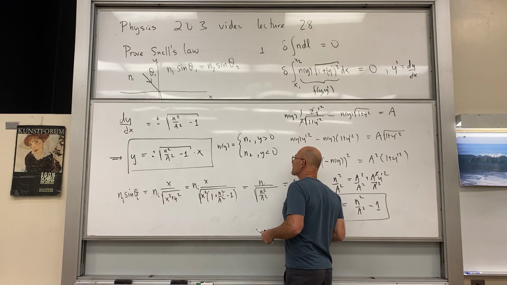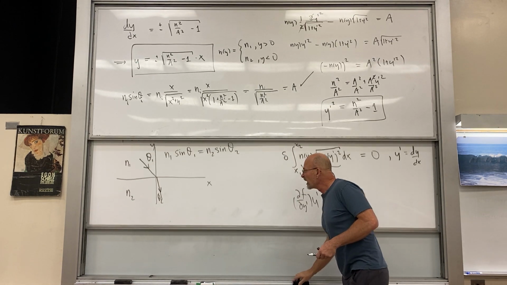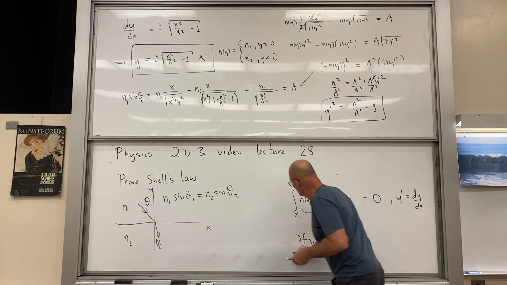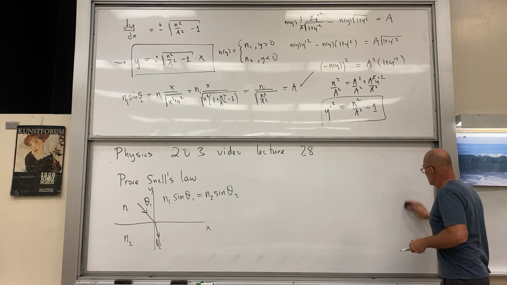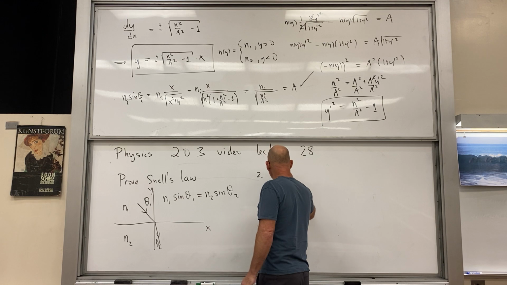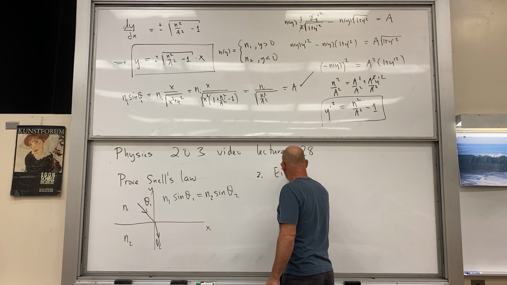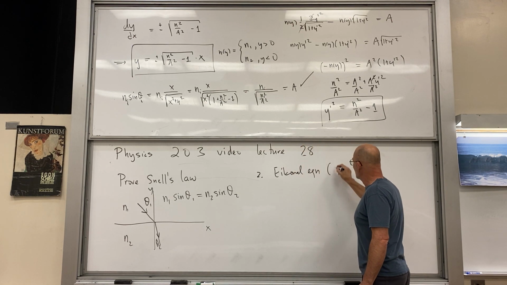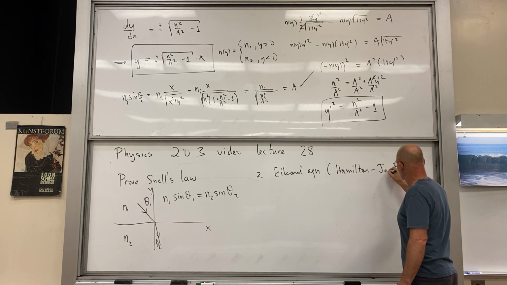So, I'll go ahead and leave this picture on the board. And our second form is the Eikonal equation, and of course it's the Hamilton-Jacobi technique.